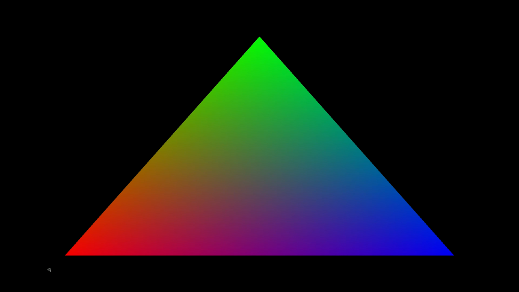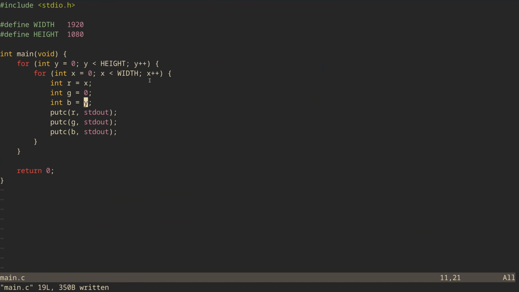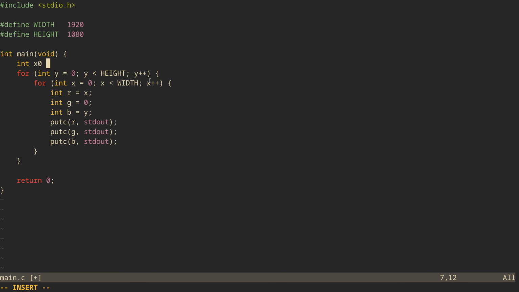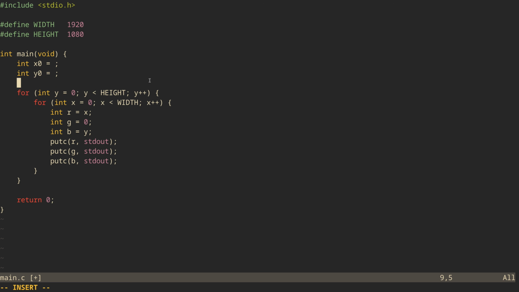And now what we want to do is only fill in part of the screen by defining 3 corners of a triangle. So let's define one corner. We'll have an x0 and a y0. And I'm going to make these floating point numbers because we could define a triangle with subpixel coordinates.